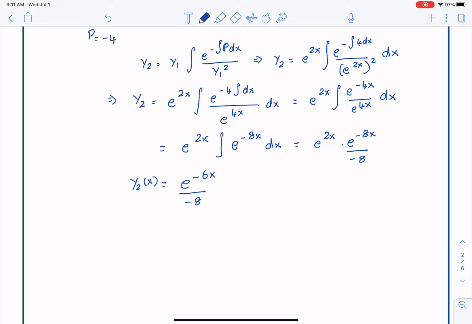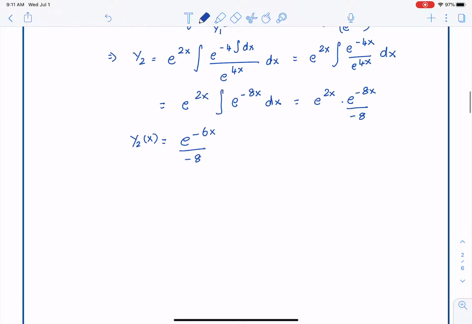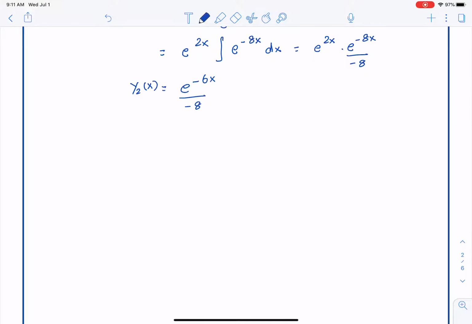Keep in mind that this second solution is not going to have constants. If we have to find a general solution to the DE, a linear combination would form a family of solutions. So note the general solution is y equals some constant c1 multiplied by y1 of x plus some constant c2 multiplied by y2 of x.